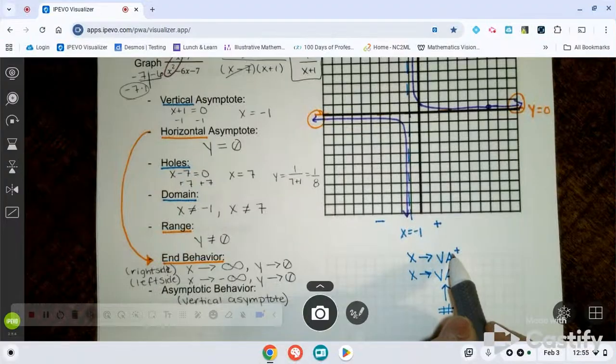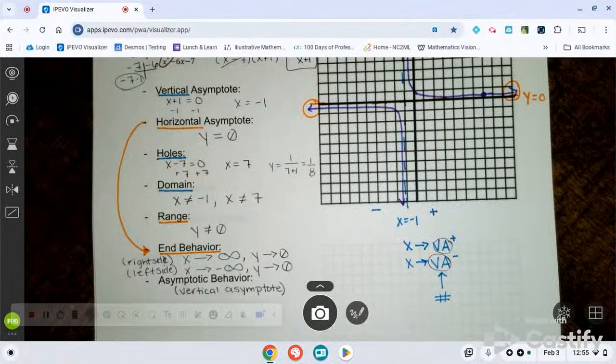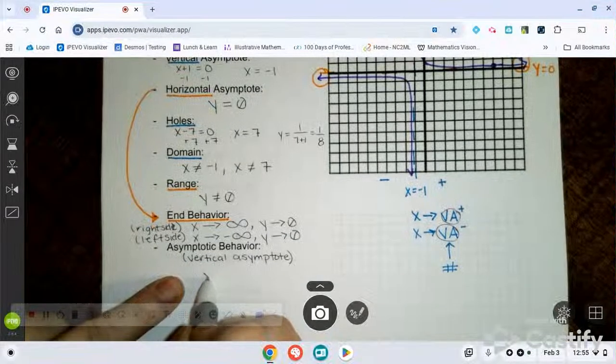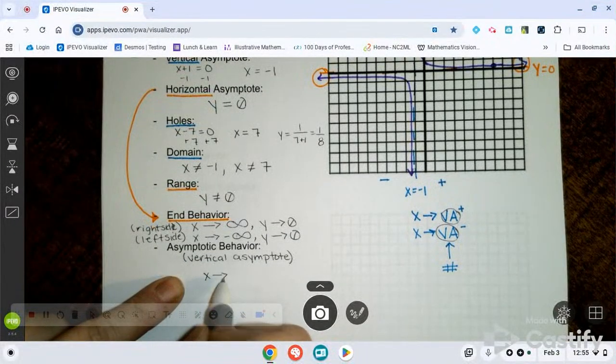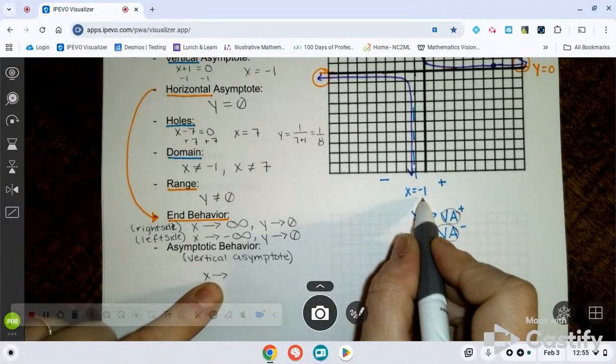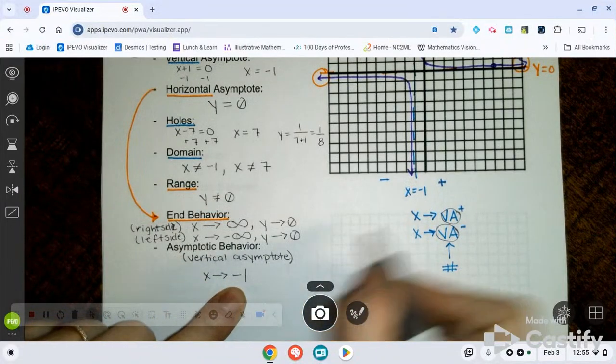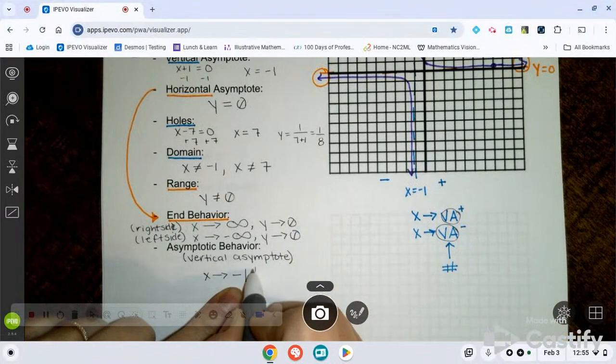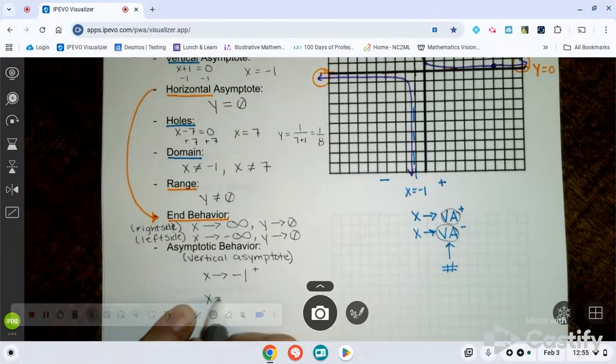So the only piece that really changes is that actual number. The rest of this format is going to stay the same. So I'm going to write my end behavior for our asymptote as x approaching -1 from the right-hand side and x approaching -1 from the left.